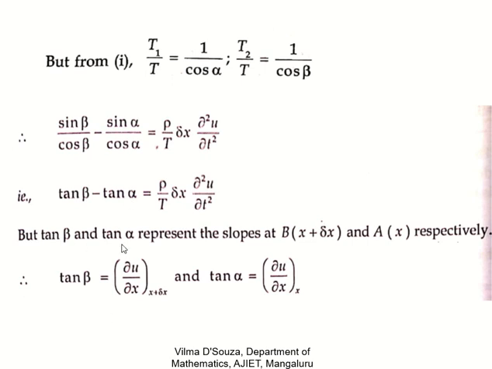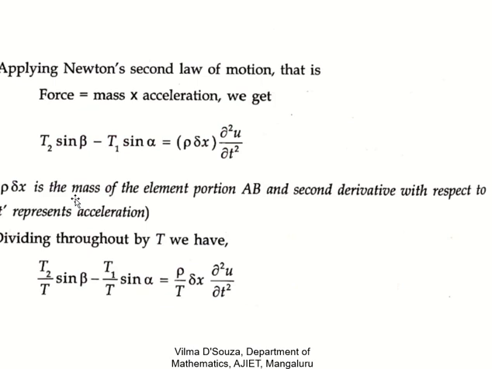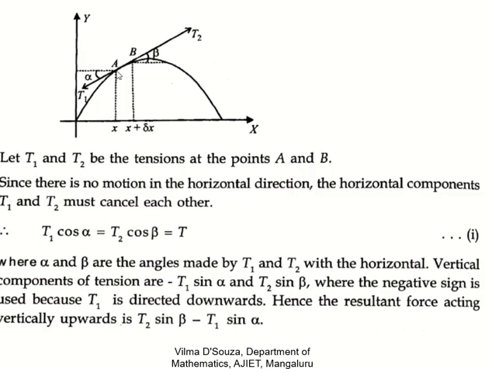Now what is tan beta and tan alpha? Tan beta is nothing but the slope at B, and tan alpha is nothing but the slope at A. Go back to the figure and check. You have the point A here and the point B. At the point A the slope is given by tan alpha, and at B it is tan beta.